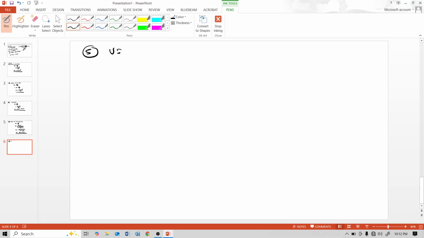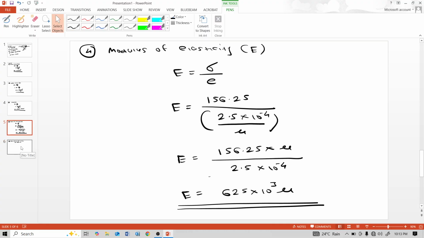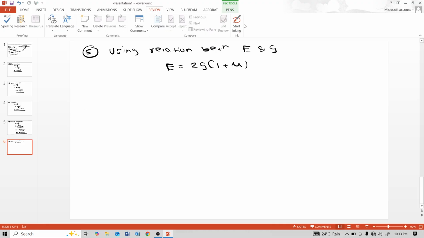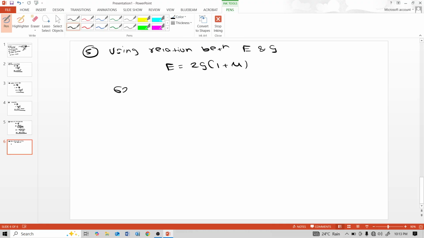See, this 625 into 10 raised to 3 mu is equal to 2G.